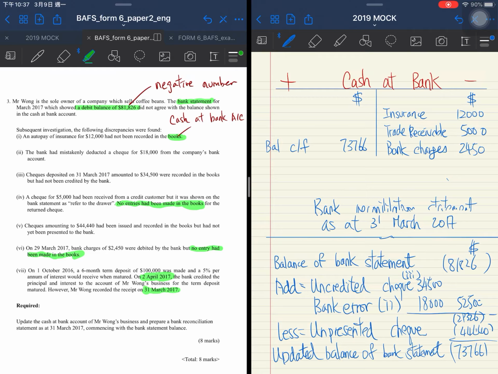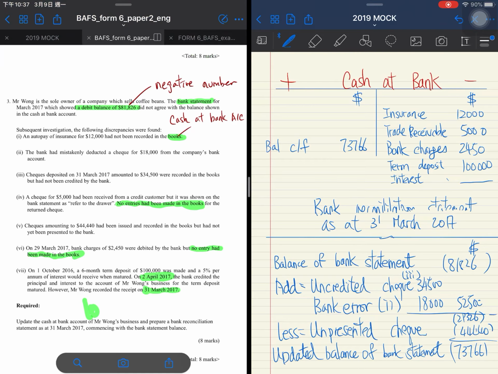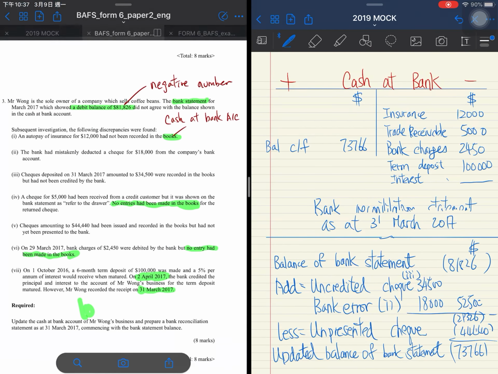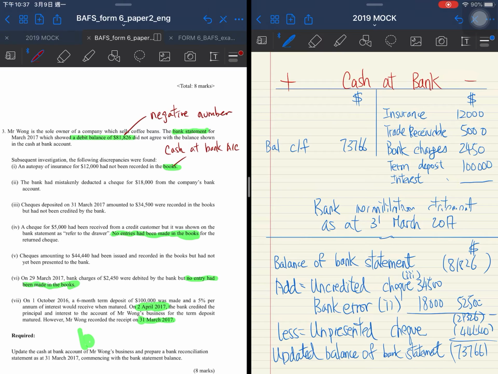Number 7, we have 2 entries. They are the term deposit 100,000 and the interest. The interest is 10,000, sorry, 100,000 times 5% because it's a half year.